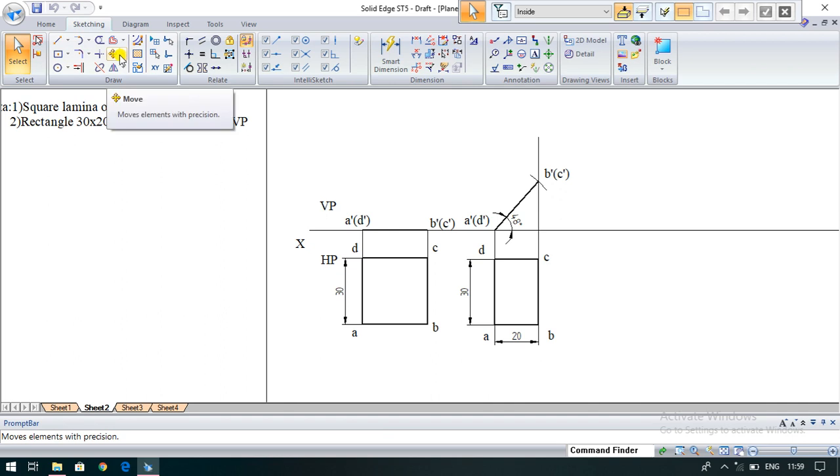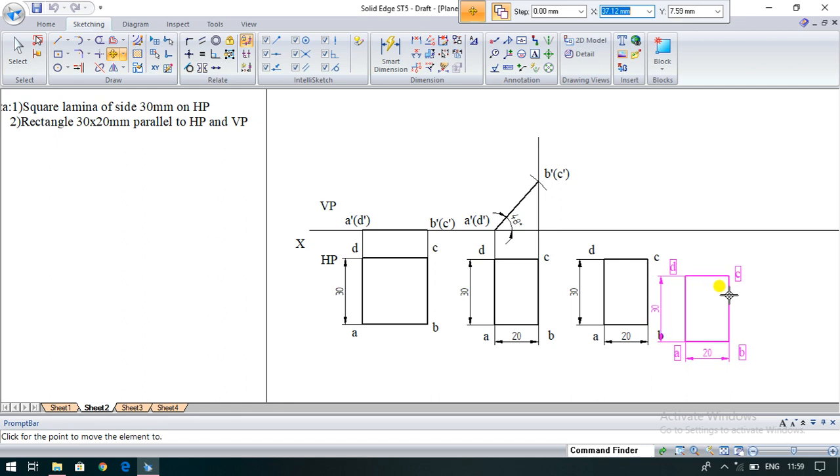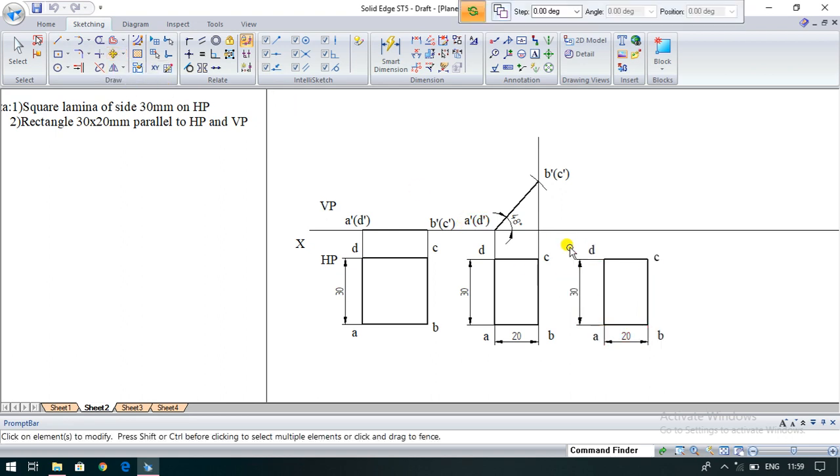Use the move command, select the whole entity, with copy on. Just place it here. Now rotate the same entity to an angle of 90 degree, so that the line AD is also inclined to VP.